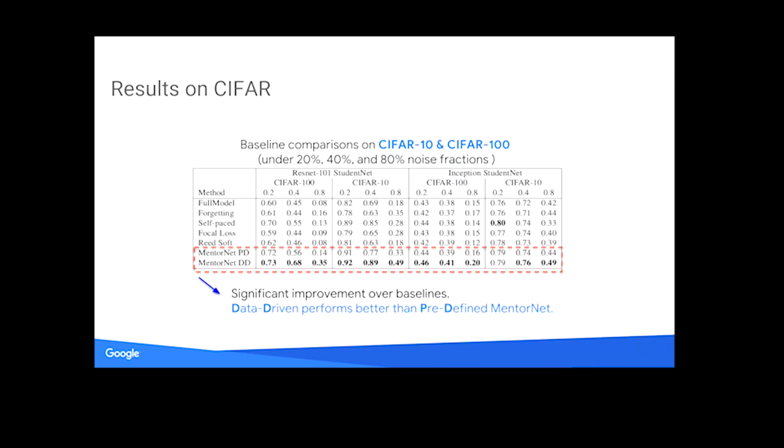First, let's look at some results on CIFAR-10 and CIFAR-100. Here we compare our method to a number of baseline methods. First we observe that MentorNet outperforms all the existing baseline methods significantly. Also, the data-driven MentorNet, annotated as MentorNet DD, is better than the pre-specified MentorNet, which is MentorNet PD.